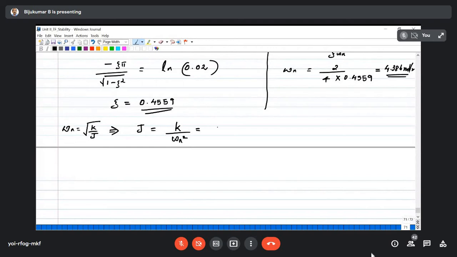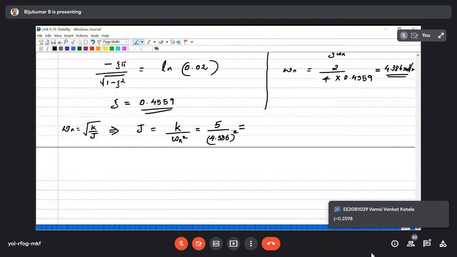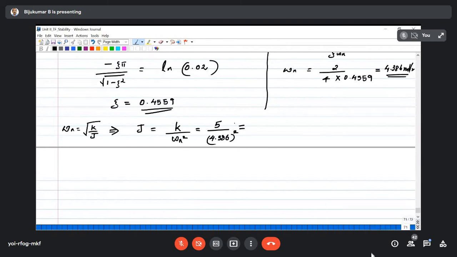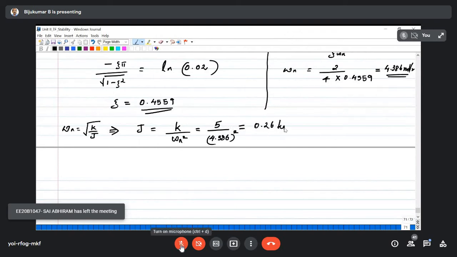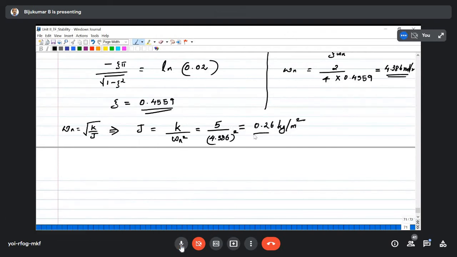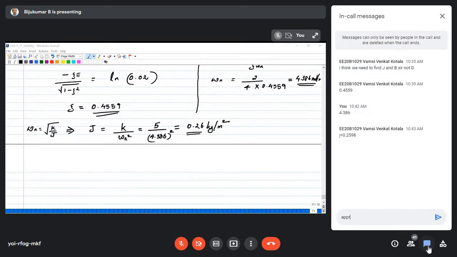What is the value here? 5 Newton meter per radian. So we can write 5 divided by 4.386 the whole square. So what is J? Is it 0.26? Yeah, 0.259. Yeah, fine, correct, right?